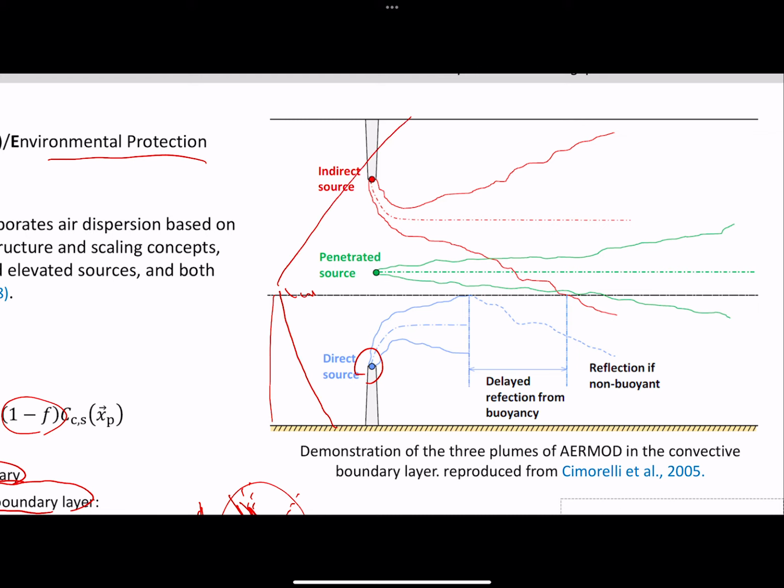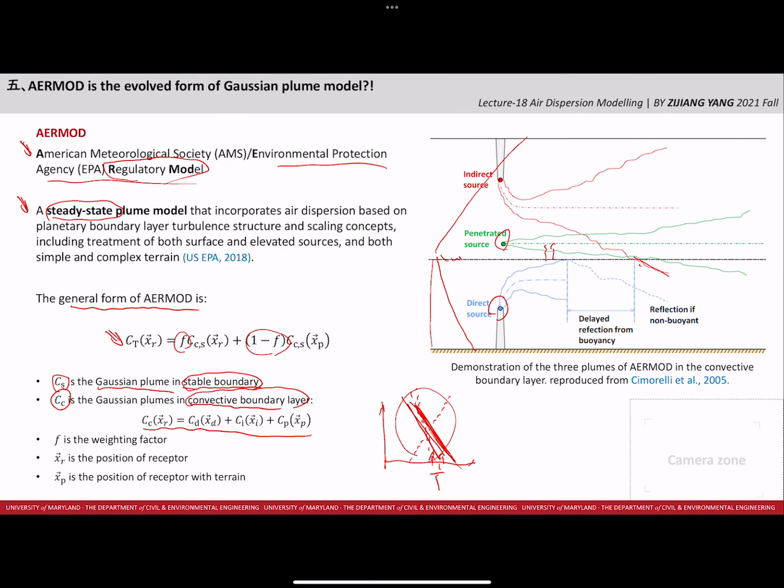So it will have the reflection from the top of this boundary layer. And we also have some of the pollutants, they may diffuse to here. And then we have a penetrated source. So basically, it considered three different sources. So it is a combination of three Gaussian plumes.